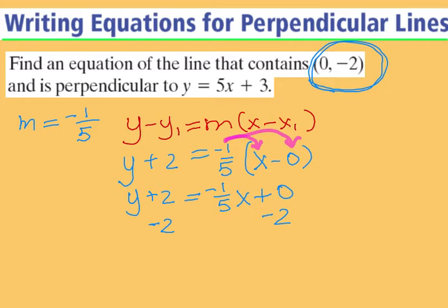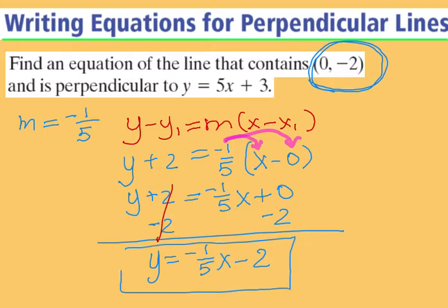So I have to do that on both sides of the equation, meaning that these will cancel out. And I can say that y equals negative 1/5 x minus 2. If I graphed this equation that I just wrote, this line would be perpendicular to the line we were given in the problem, y equals 5x plus 3.